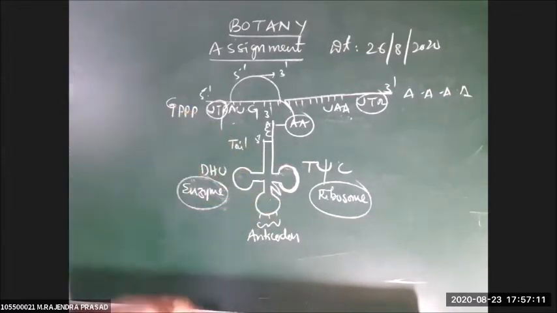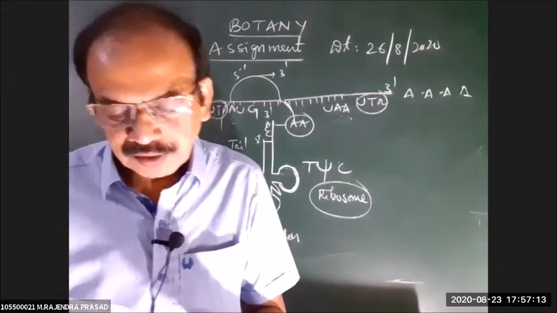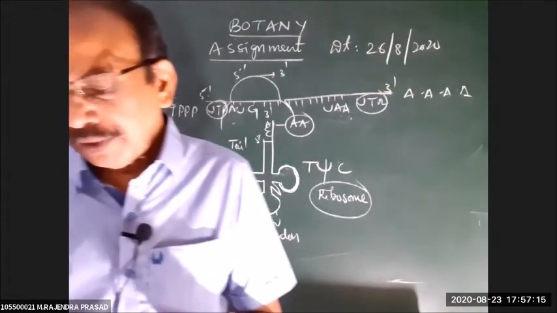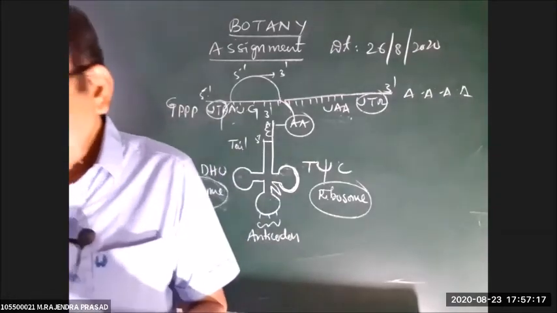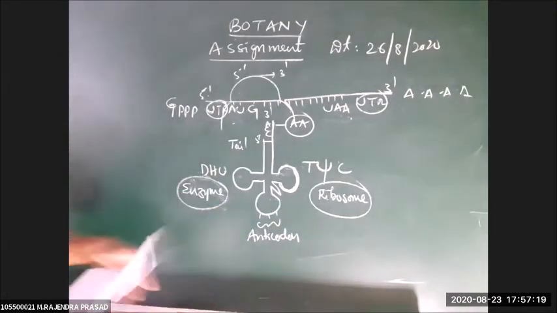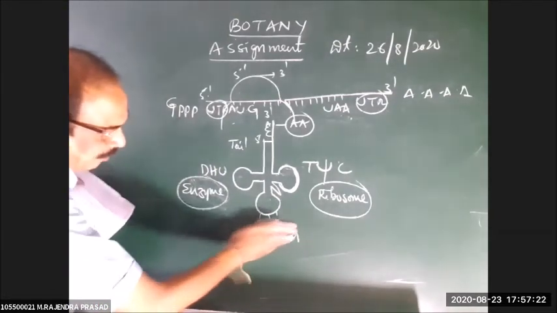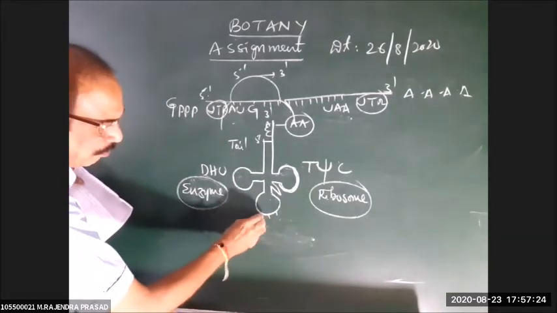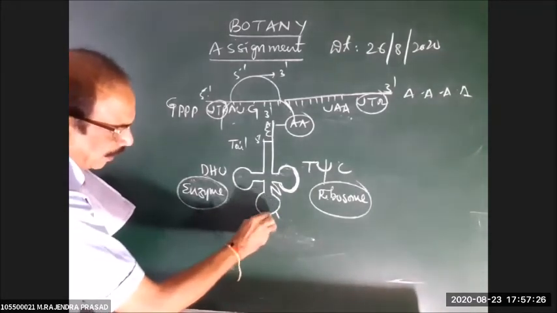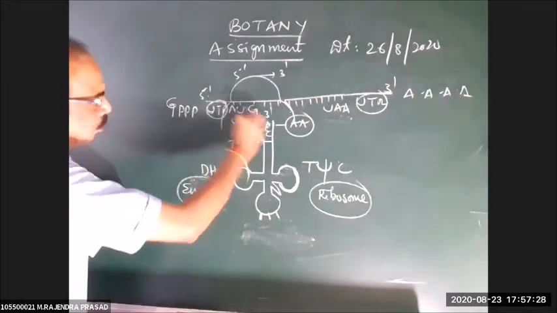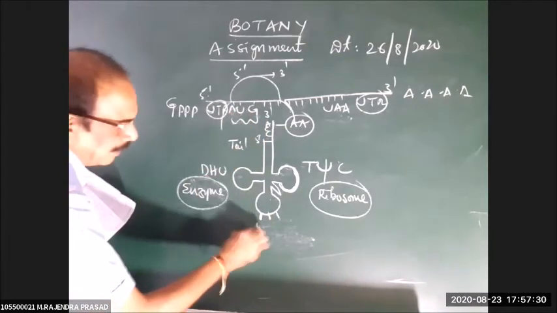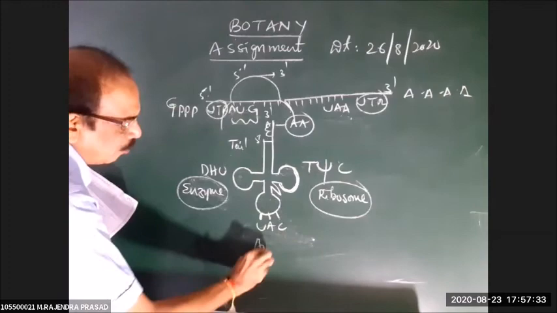Coming to question number 11: a group of three nitrogen bases on tRNA that recognizes a codon on mRNA is called an anticodon.